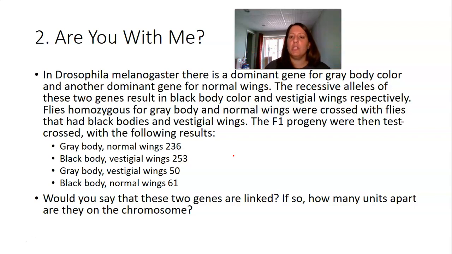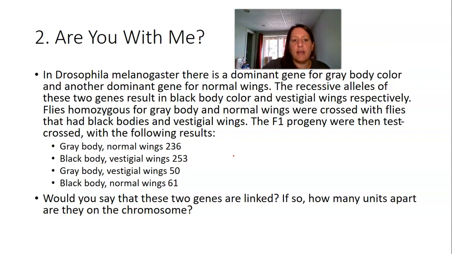There is a dominant gene for gray body color and another dominant gene for normal wing size. You could either do what we did on the past problem with Morgan's flies, or you could pick a different letter if you want. I'm going to keep it the same.